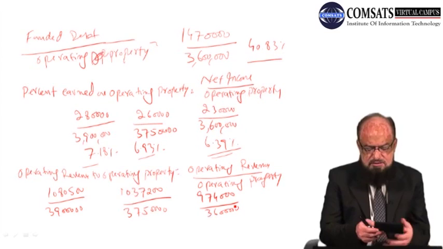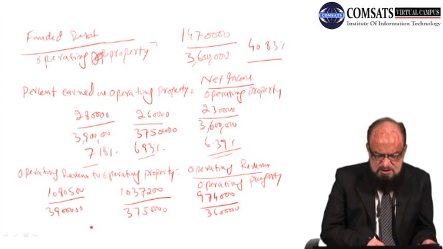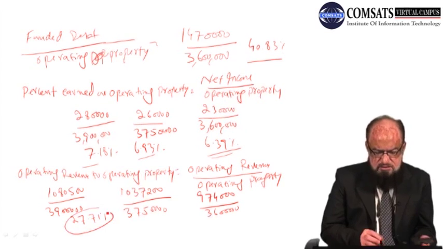Dividing all: $10,80,500 divided by 39 lakh is 27.71%.